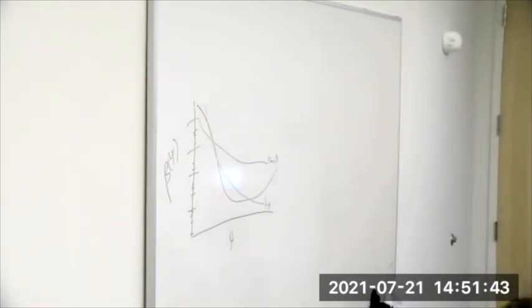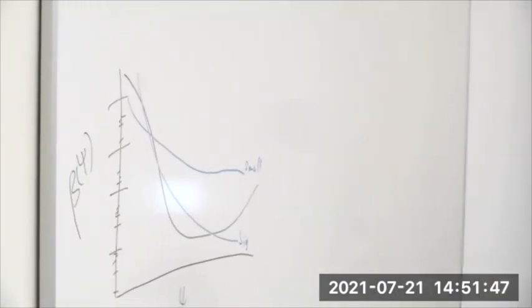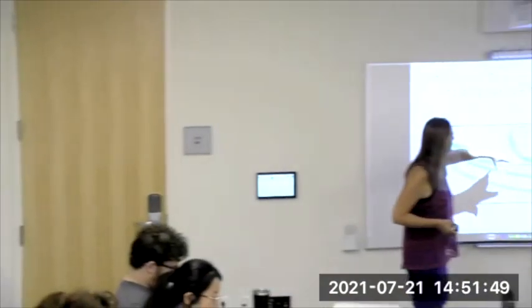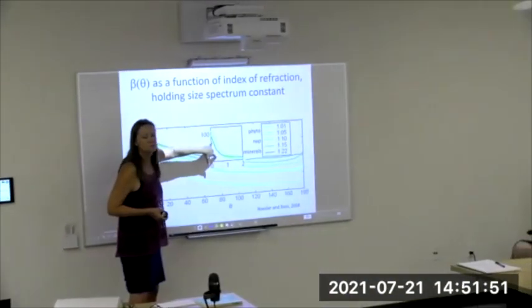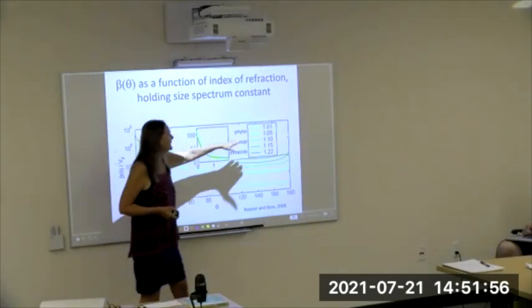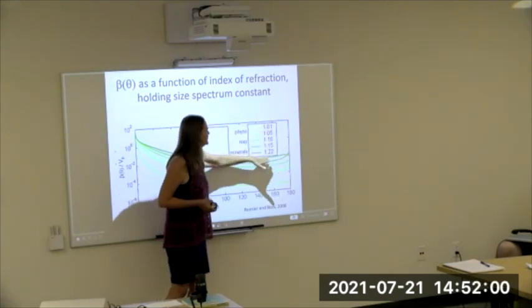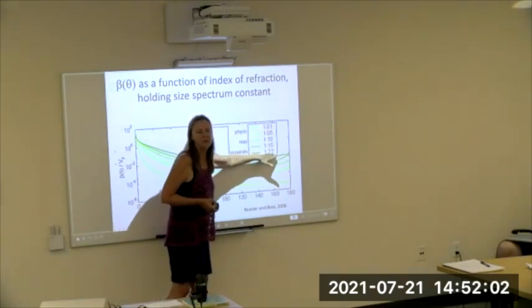Okay. The last one, if you hold the size constant, look at what happens to the diffraction. So you're allowing the index of refraction to change. This is an index of refraction like phytoplankton. Here's an index of refraction like a mineral particle.